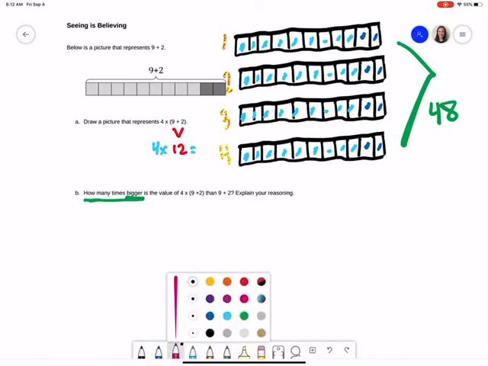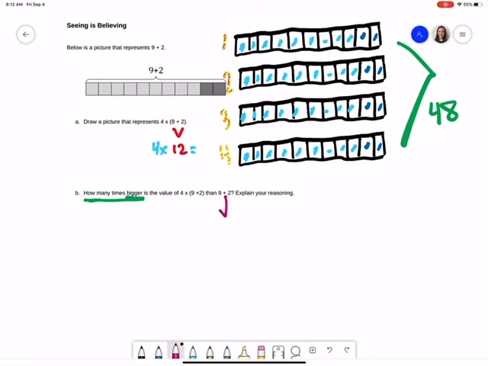Okay. So we see that 9 plus 2, we know that it equals 12. And we know to start this equation, since the 9 plus 2 is in parentheses, we could start it by making it equal 12. Okay? So over here, we just have 12. But over here, we also have this part of the equation, which is 4 times 12. Okay?